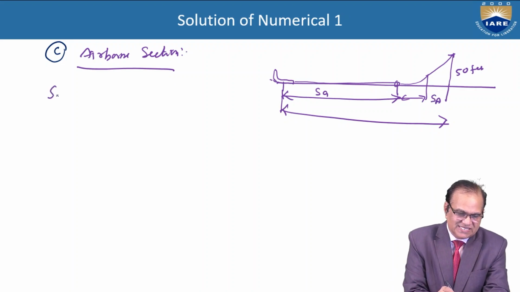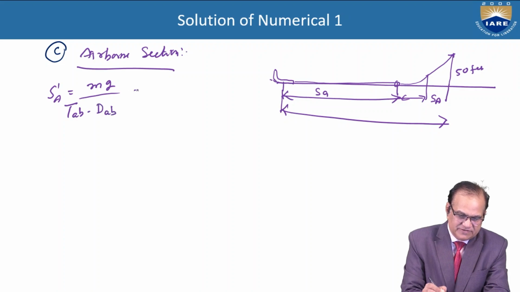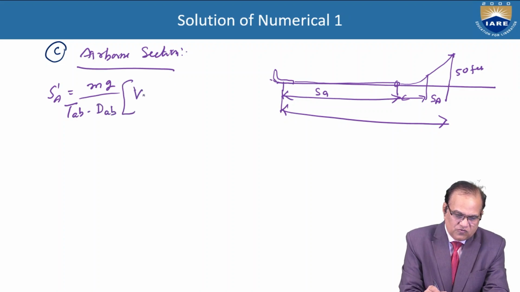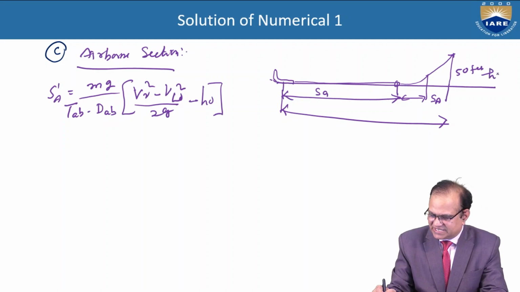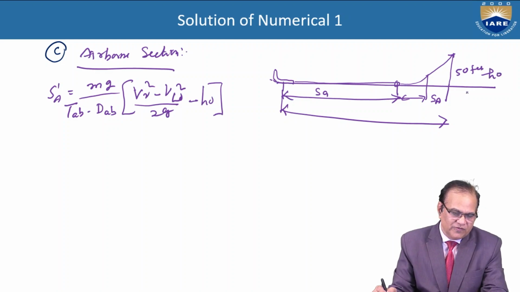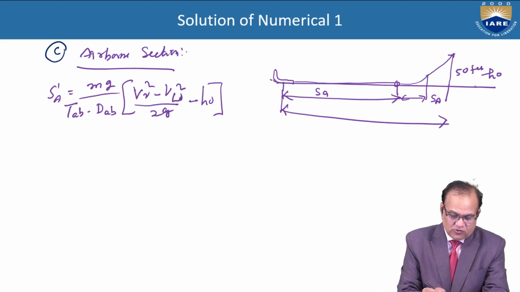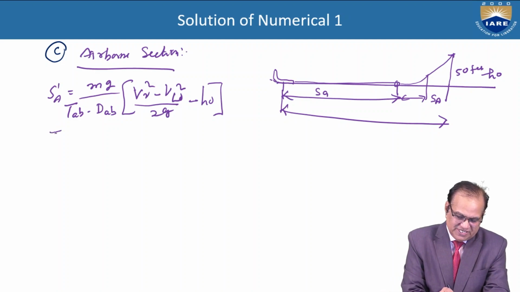So this SA is equal to mg divided by TAB minus DAB, V2 square minus V liftoff square divided by 2g minus HO. HO is this distance. So now we have to find out TAB.